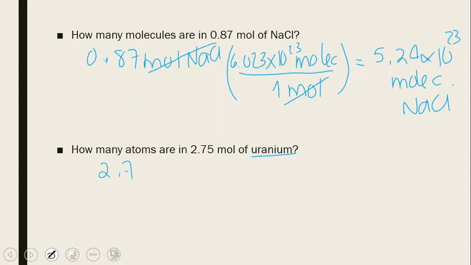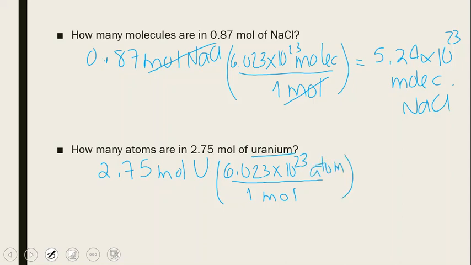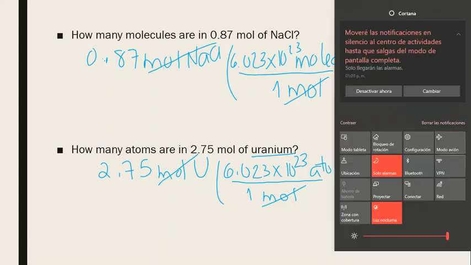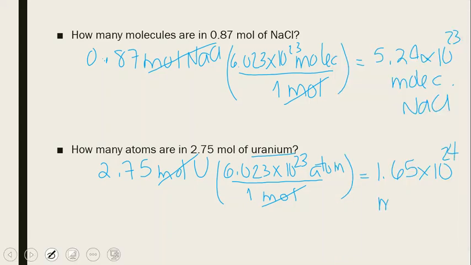And this is 2.75 moles of uranium times, I don't want mole, goes down, I want atoms, go up, 6.023 times 10 to the 23rd atoms, cancel mole, multiply, and the answer is 1.65 times 10 to the 24th molecules. No, sorry. Atoms of uranium.